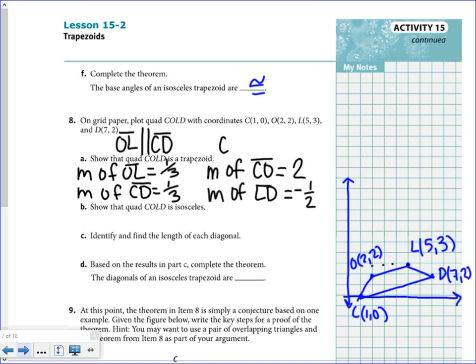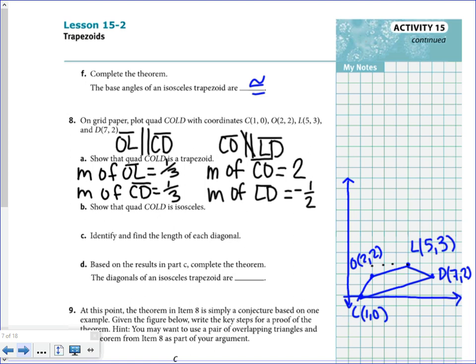So that means that CO is not parallel to LD. And so that shows that it's a trapezoid. Since the quadrilateral COLD has exactly one pair of parallel sides, it's a trapezoid. Now we want to show it's isosceles.